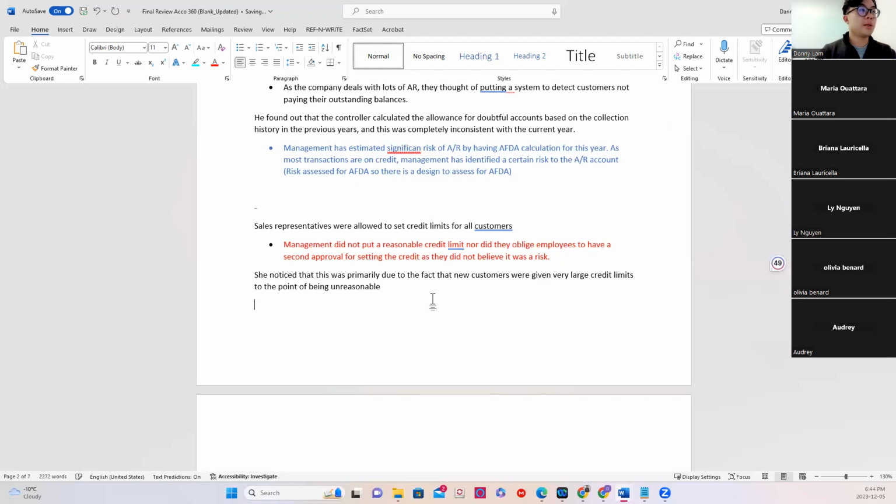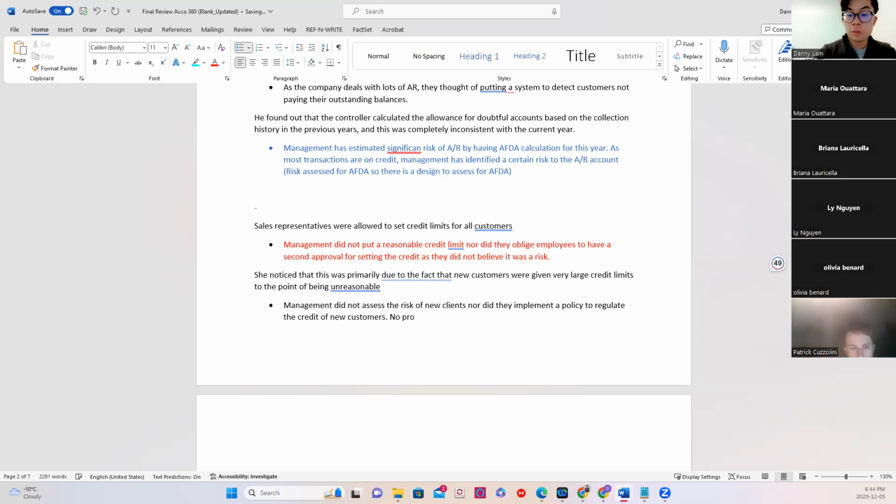And for risk assessment, I like to talk about management, because whose job is it to do a proper risk assessment and then based on the risk assessment have controls? Management. So management did not assess the risk of new clients, nor did they implement a policy to regulate the credit of new customers. So no proper DD, right? Due diligence on them.